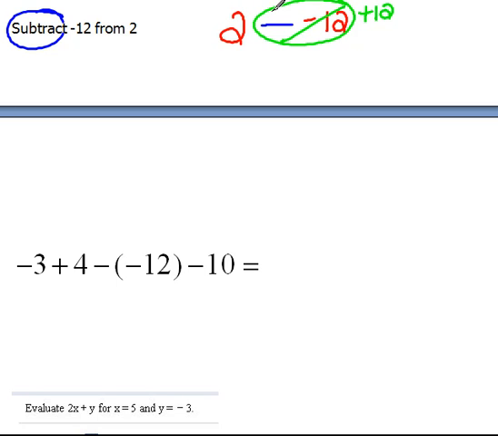This literally says 2 minus a negative 12. And then because we have this double negative here, minus a negative, that's truly a positive 12. So if we rewrite it, that would be 2 plus 12, which we know is 14. But remember, the signs are the same, so we would add and keep the sign the same.